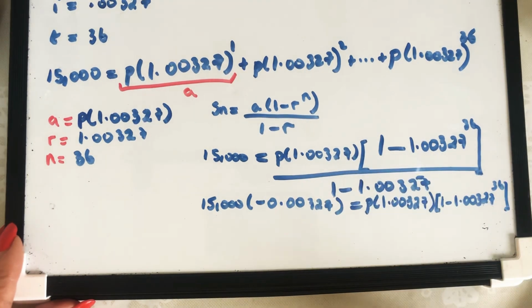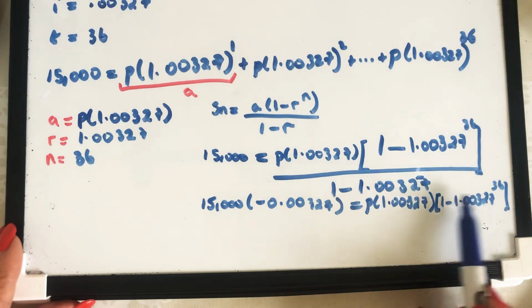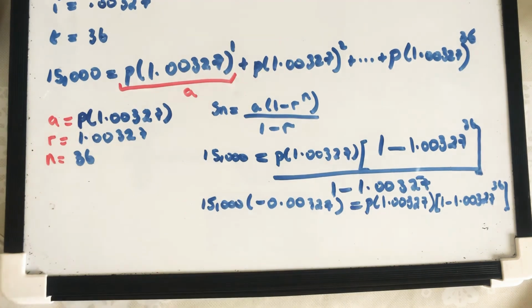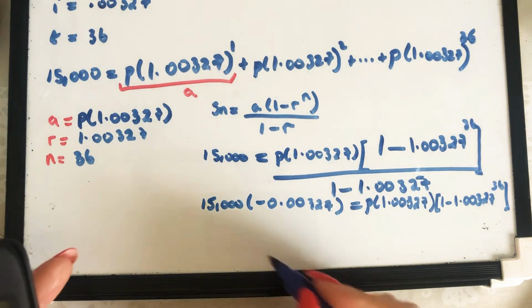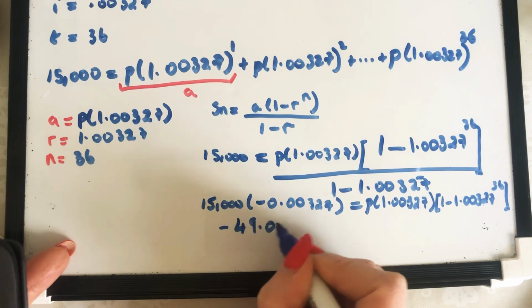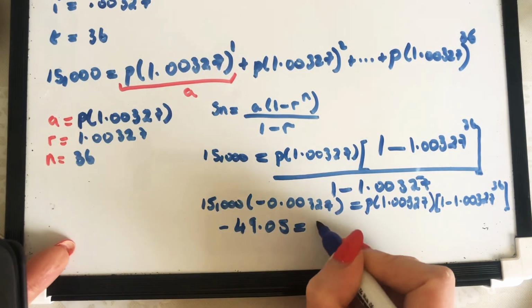Okay, now we're going to go to our calculator and get a number for all of this side here. And of course, we might as well get a number for this as well. So we'll do 15,000 multiplied by minus 0.00327. And we get out there a negative number, so we get negative 49.05. And we equal that to P.